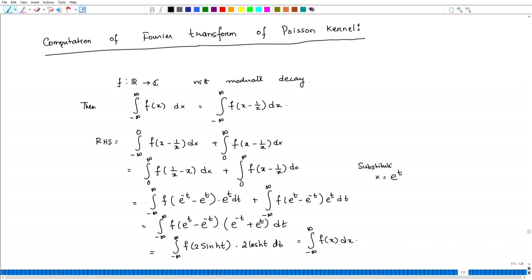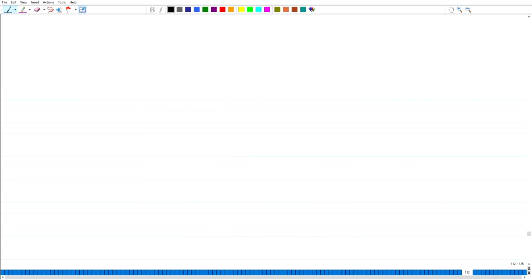So, now if I take in particular, consider f of x equal to e to the power minus t x square. Therefore, what one is going to get is the integral from minus infinity to infinity of e to the power minus t x square dx.